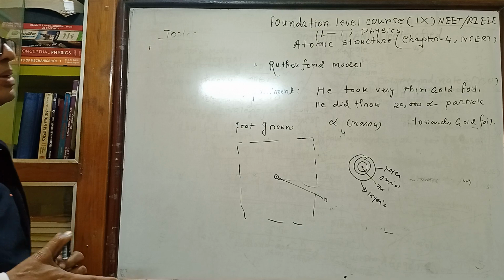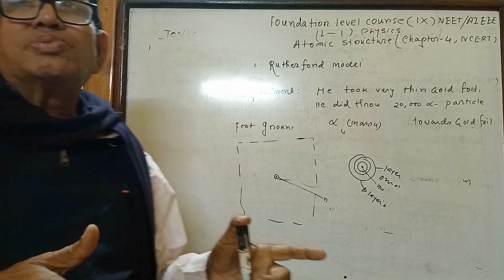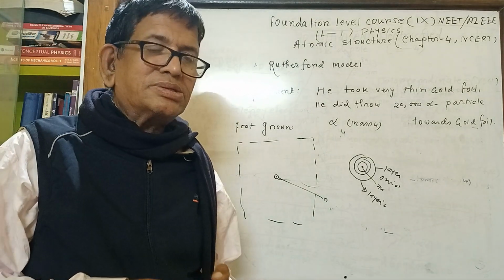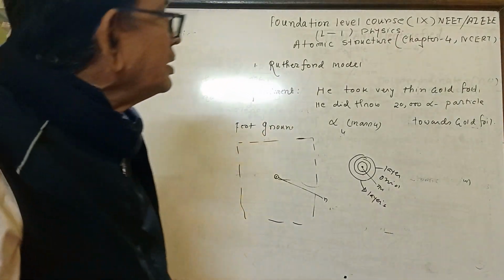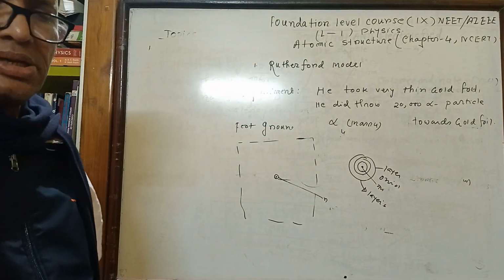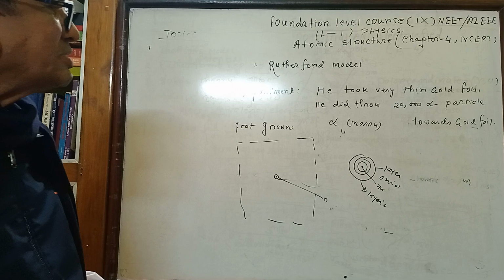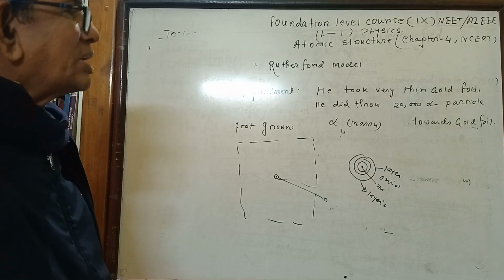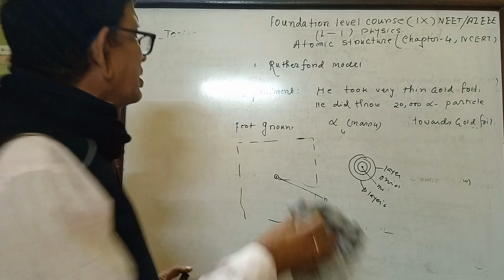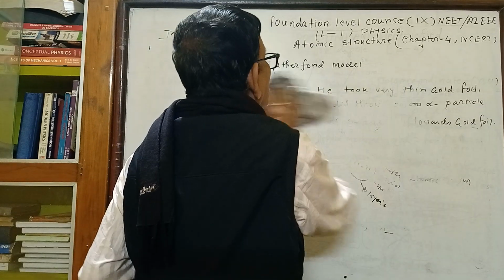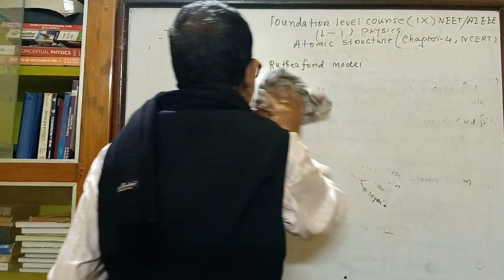This model is very useful to us, but this model was also rejected. Why was this model rejected? That I am going to explain.